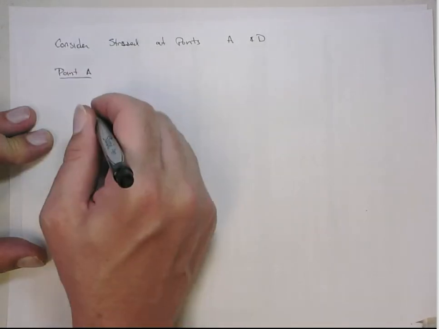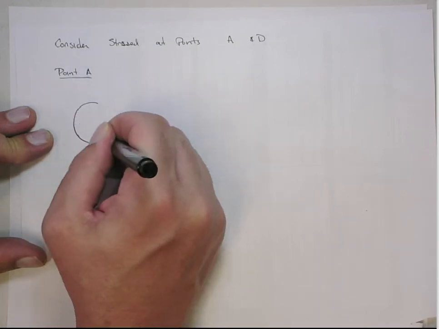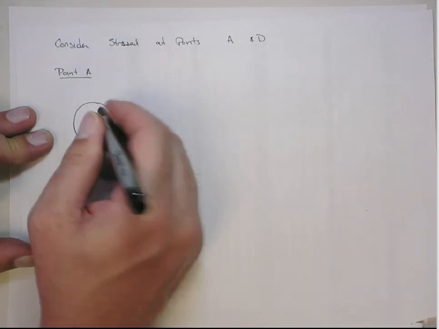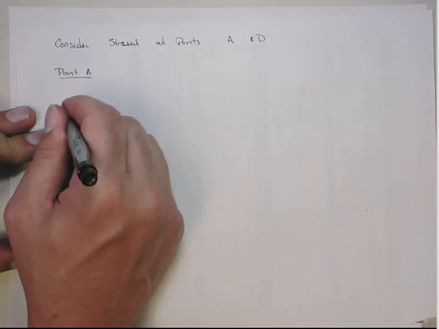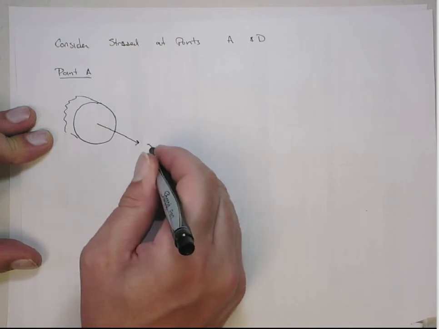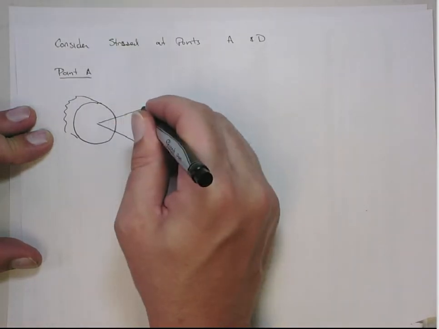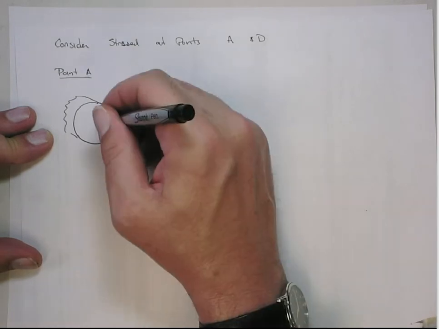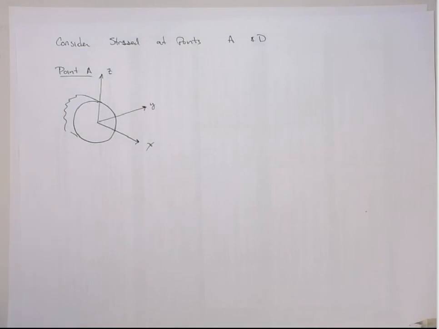Okay, so here's the cross section. And here's the shaft going down. So this is the x-axis. This is the y-axis. And this is the z-axis, okay?